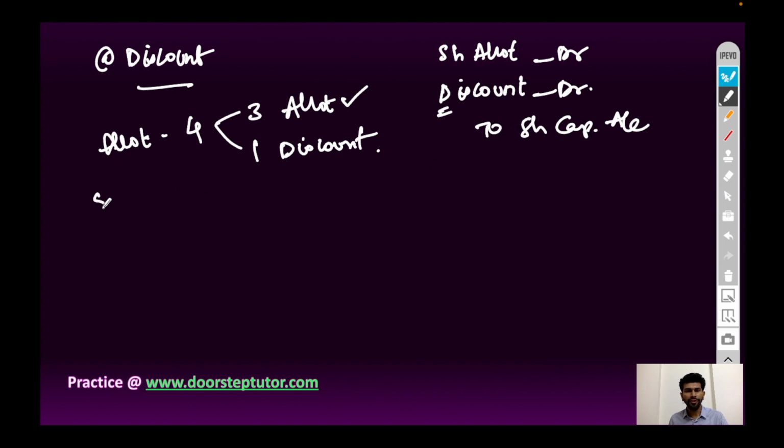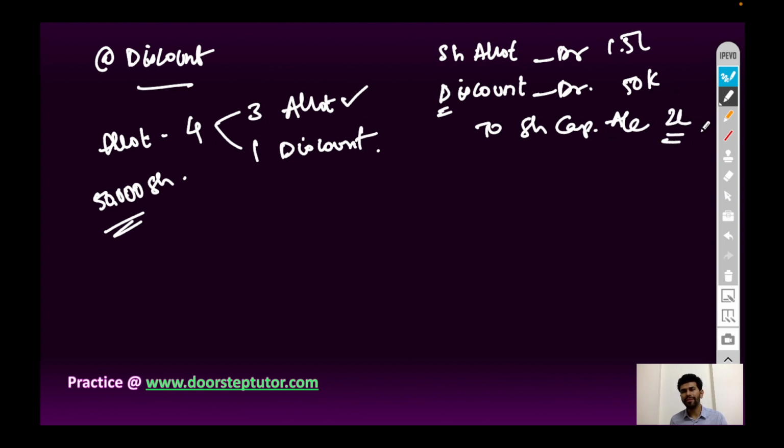If company has issued 50,000 shares, then 50,000 into 3, 1,50,000 rupees, share allotment account debit. 50,000 into 1 rupee, 50,000 rupees, discount on issue of share account debit to share capital account, that is 50,000 into 4, 2 lakh.